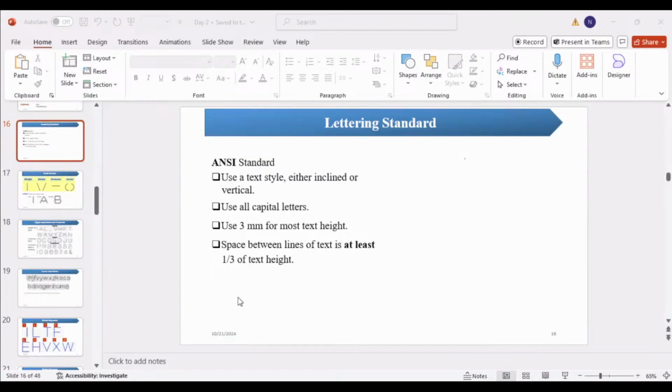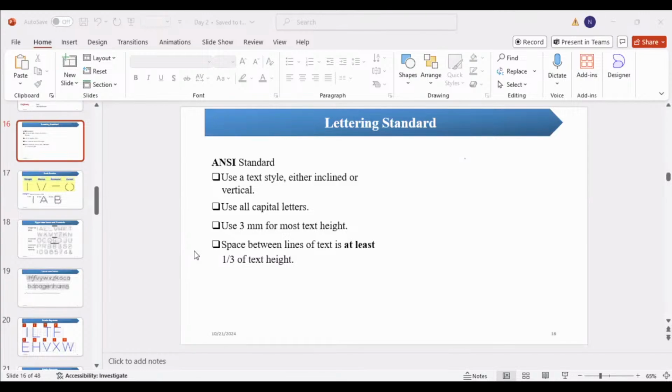Okay. So then let's come to the lettering standard. We use the ANSI standard. That means we use either inclined or vertical text. ලියන style එක italic වෙන්න පුළුවන්. And we have to use all capital letters, and the text height should be 3 millimeters for most text. එක අකුරකට මිලිමීටර් 3ක උස තමා තියෙන්නේ.